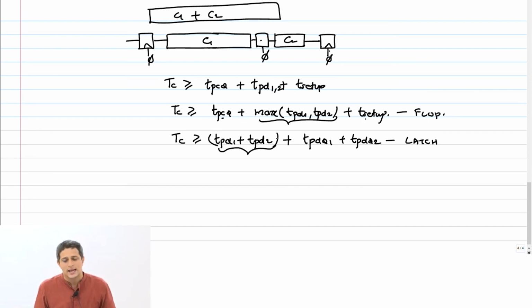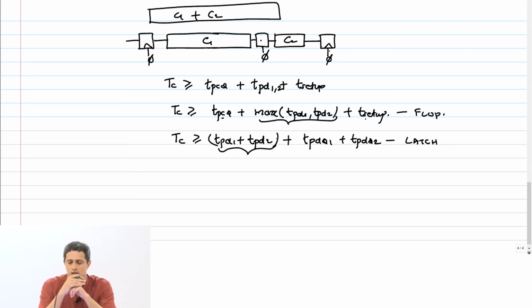It means I can have one combinational block take longer to evaluate, the other one shorter to evaluate. As long as both of them together finish in one clock cycle, I am fine. That's the key difference between a latch and a flop based system. The hard edges of a flop impose that you have to deal with every block within that period, whereas time borrowing is allowing me some flexibility.